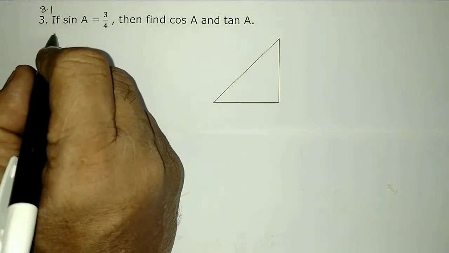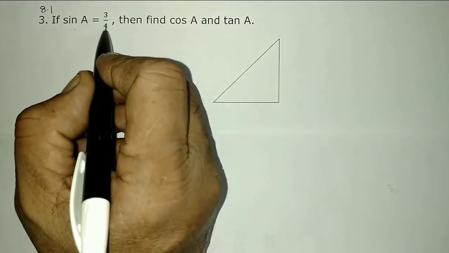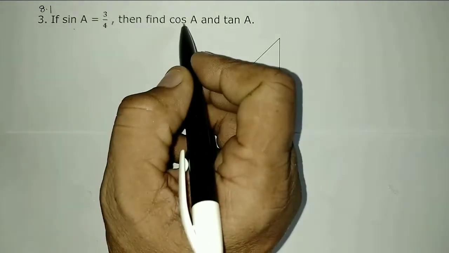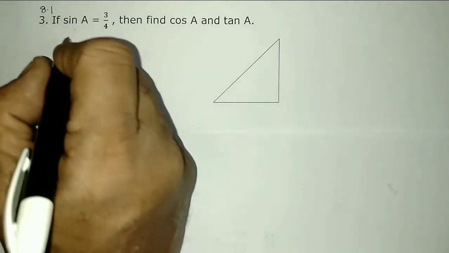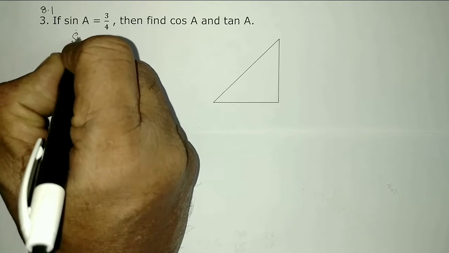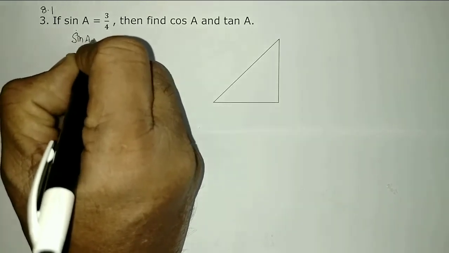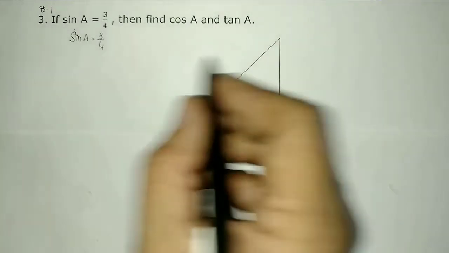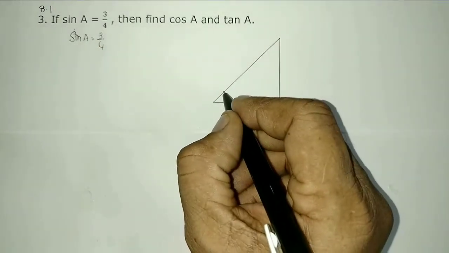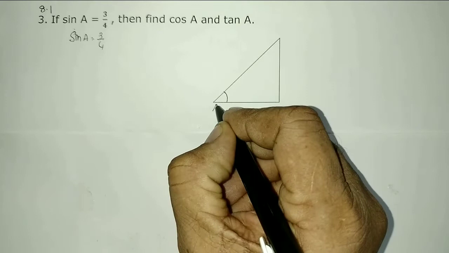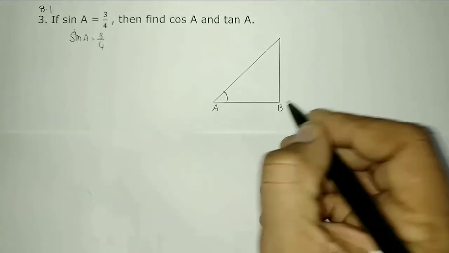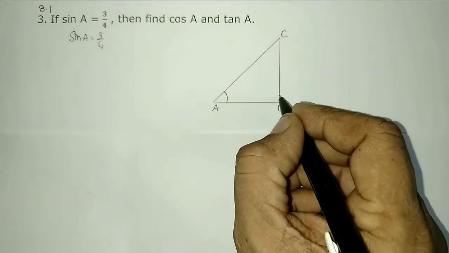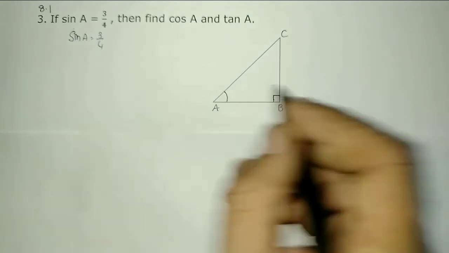8.1, third problem. If sin A equal to 3 by 4, then find cos A and tan A. Sin A equal to 3 by 4 given. First, we have to draw a right angle triangle in which angle A is an acute angle. So you can take angle B as right angle.